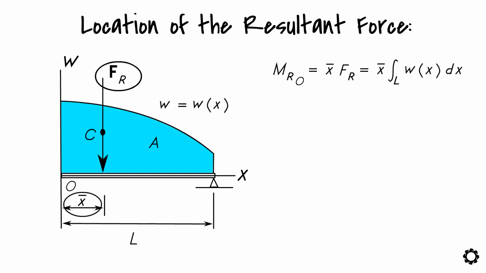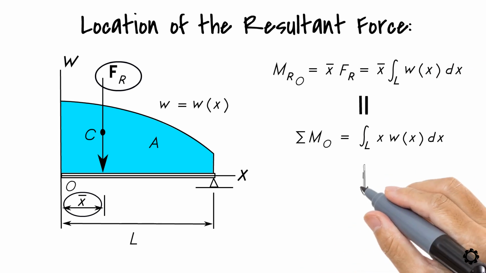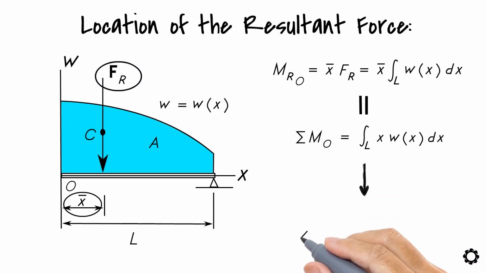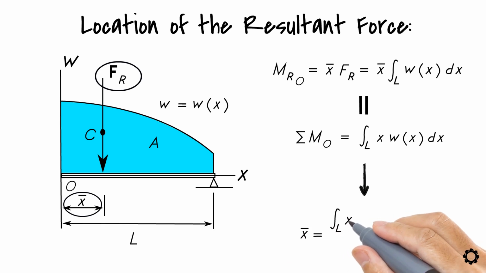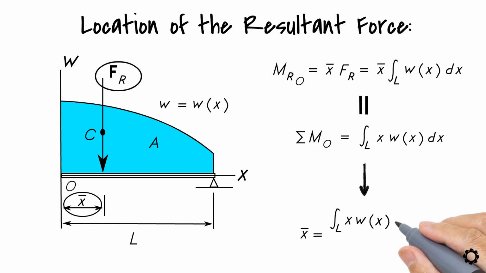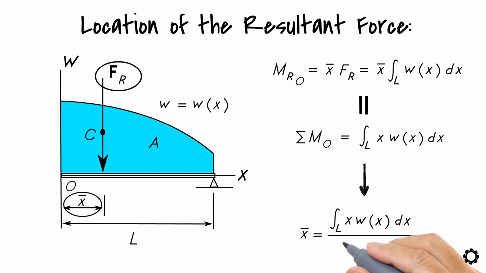Now that we have defined both moment equations, we can solve the resultant force location x bar by setting the equations as equal to each other. Solving for x bar, this leads to the following equation. x bar equals integral over L of x times w(x) times dx divided by integral over L of w(x) times dx.